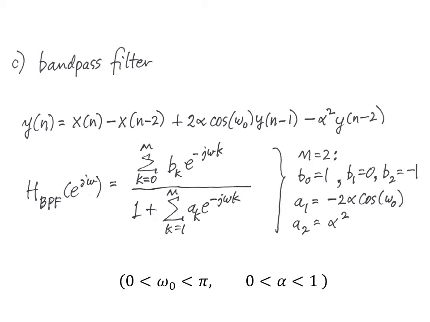Alpha is selected this time over the range 0 to 1 to affect the bandwidth of that peak, how narrow it is. And this simple second order difference equation then implements a bandpass filter response. The coefficients are given in order to put into the general form shown for H sub BPF.